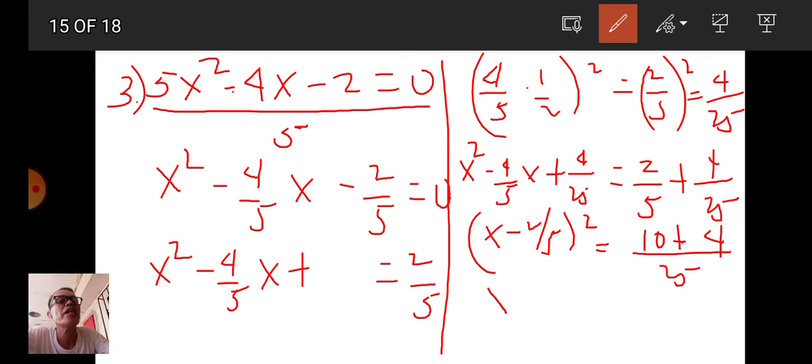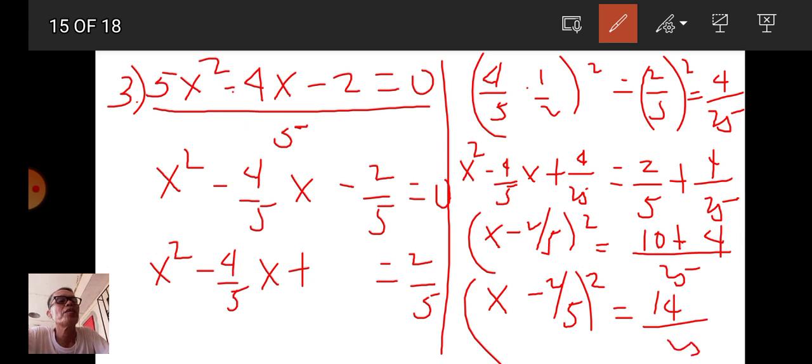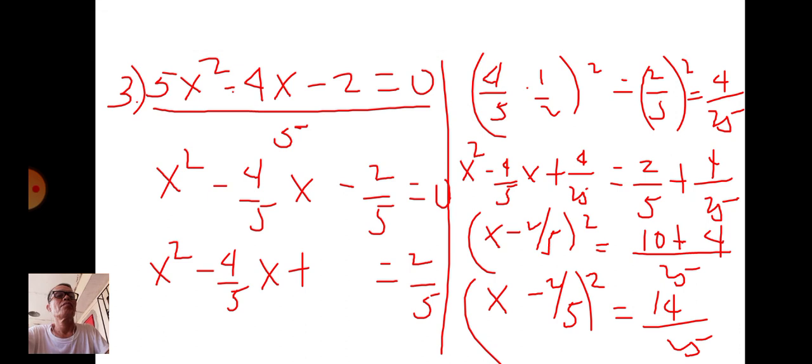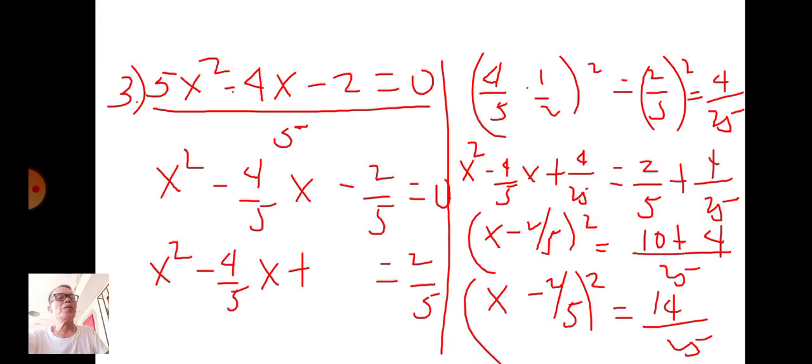So you will have x minus 2 over 5 quantity squared is equal to 14 over 25.